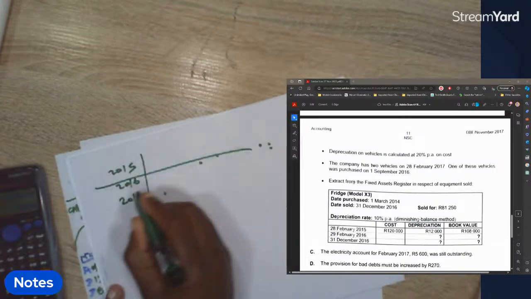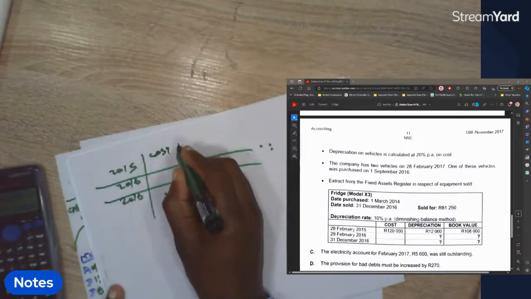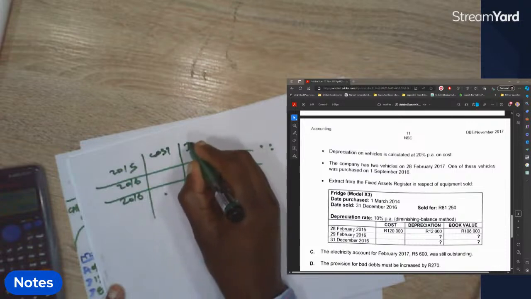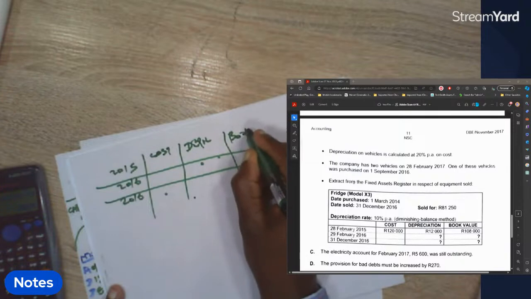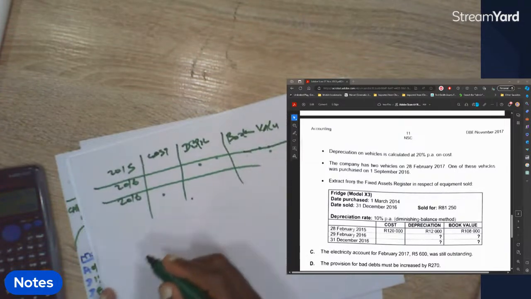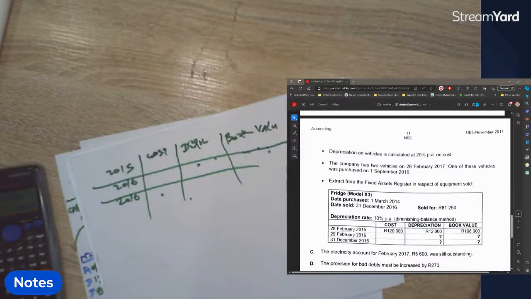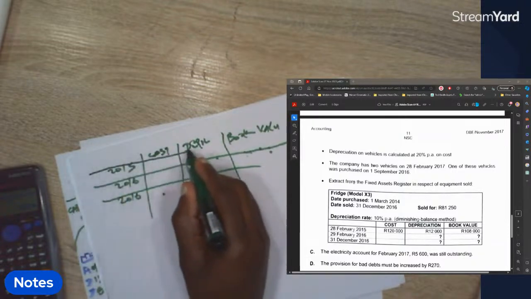For this table, you see there is cost price, depreciation, and carrying book value, and then we're told here that we are using the diminishing method for the equipment, right? So cost price, we do have cost price.